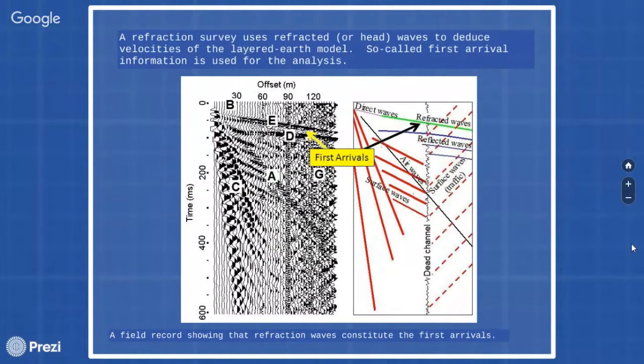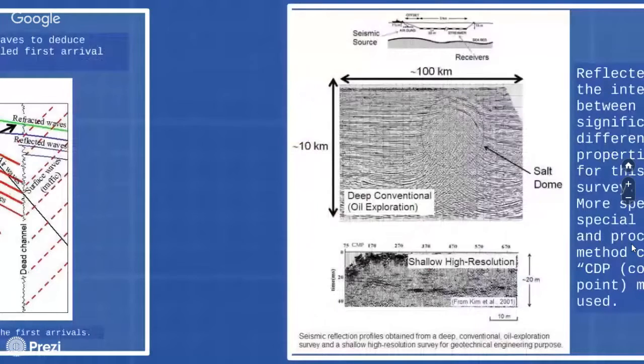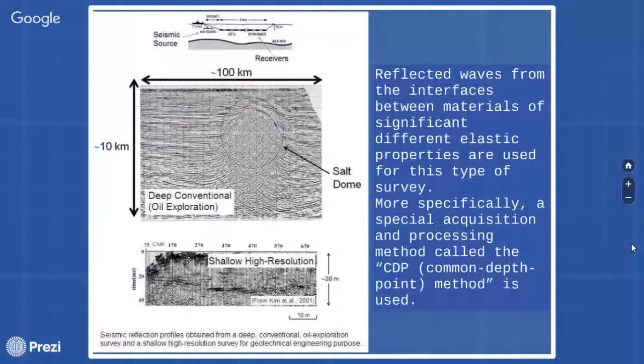Historically, the refraction method has been commonly used to map the depth and velocity of bedrock. Second one is the reflection survey method. Reflected waves from the interfaces between materials of significantly different elastic properties, density, and seismic velocity are used for this type of survey.